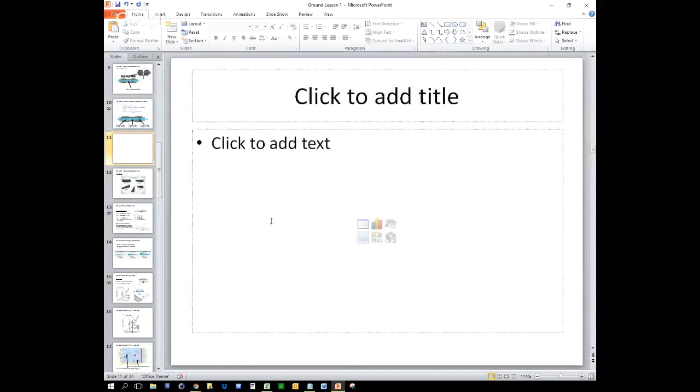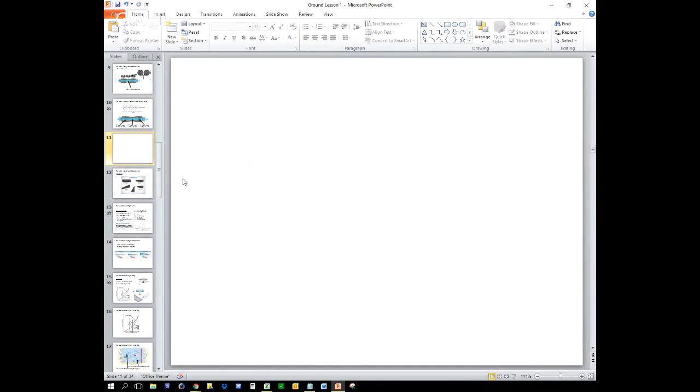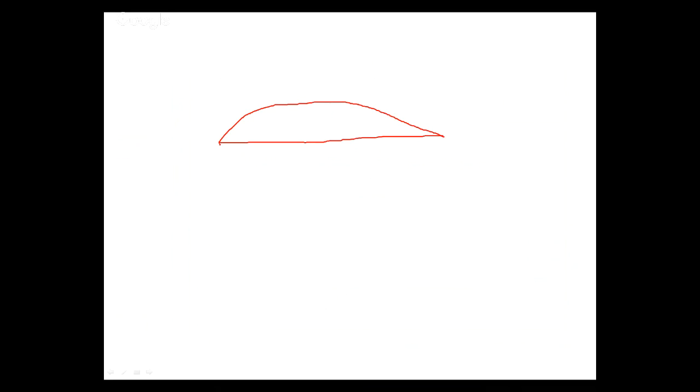I want to draw for you how Bernoulli's equation relates to how the wing produces lift. So bear with me, because I'm going to draw on the screen here. So here is the wing. And we already mentioned that your camber line kind of follows equidistant points between top and bottom here.